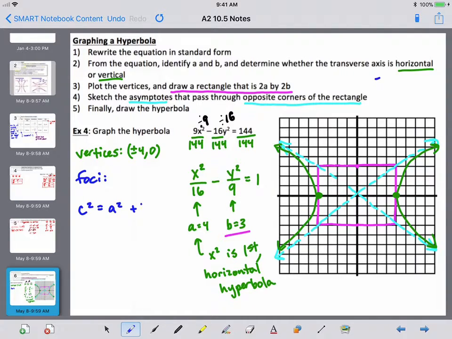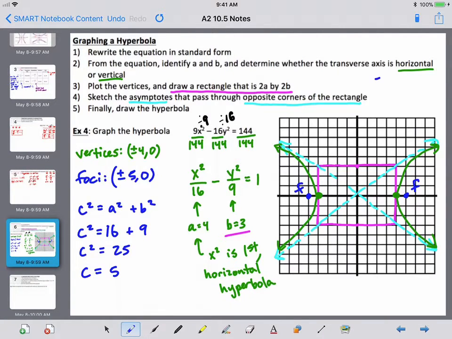We've got our a squared as 16, and 3 squared would give us 9. So c squared is 25, giving us c would have to be 5. So our foci are going to be at positive or negative 5, 0. And we can see that that would be this point here, one focus, and the other is here. So they do end up inside of those curves of the hyperbola.